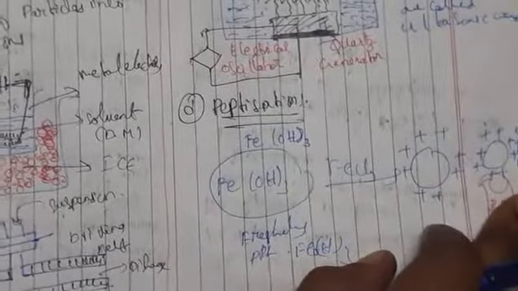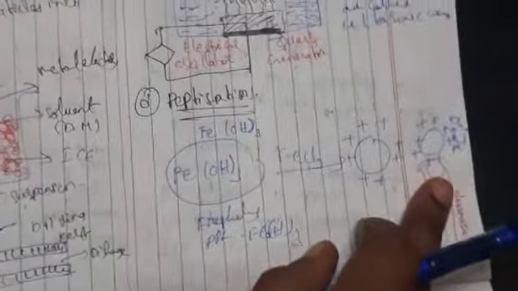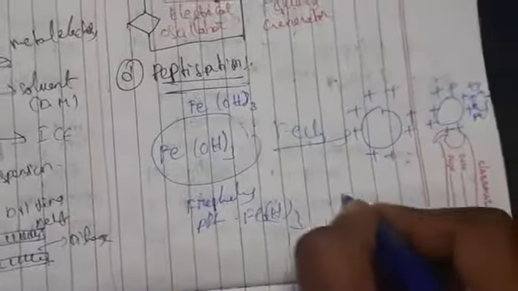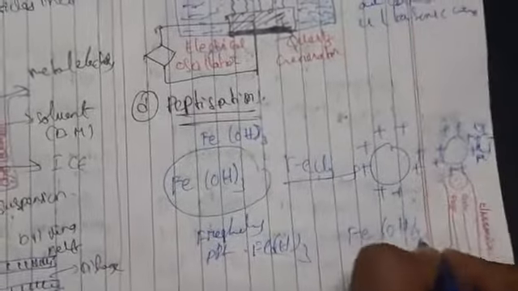Then we get a positive charge on the surface, and similarly charged particles separate, giving very small colloidal particles of the type Fe(OH)3, Fe+3.